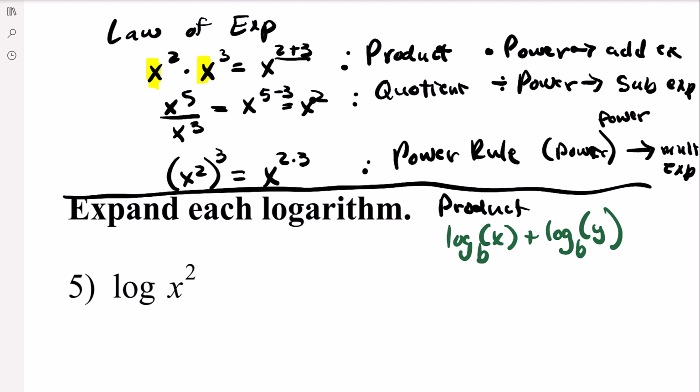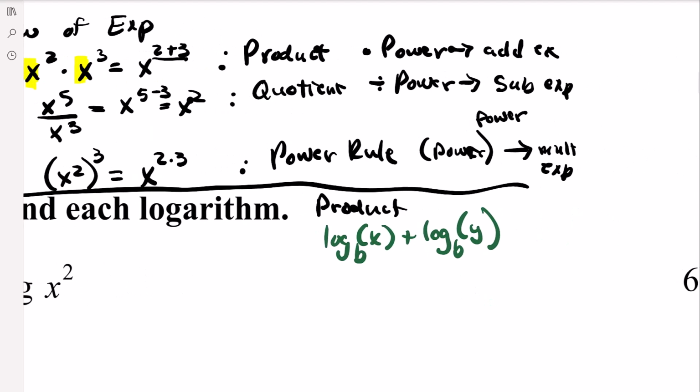When you multiply powers, you add. Here, when you add logs, you multiply the argument. So if something starts off being multiplied, when you expand it, this is how it would get expanded. You separate it into two separate logs addition.